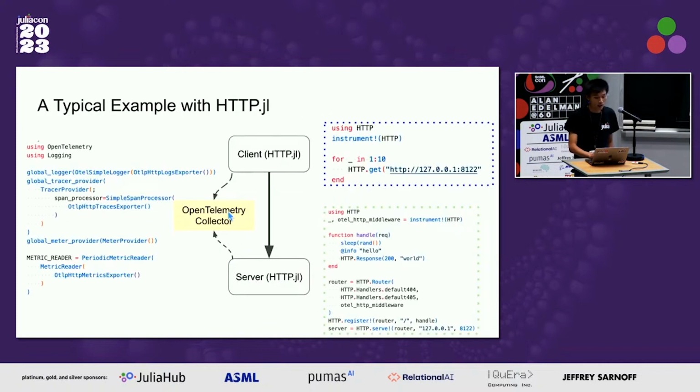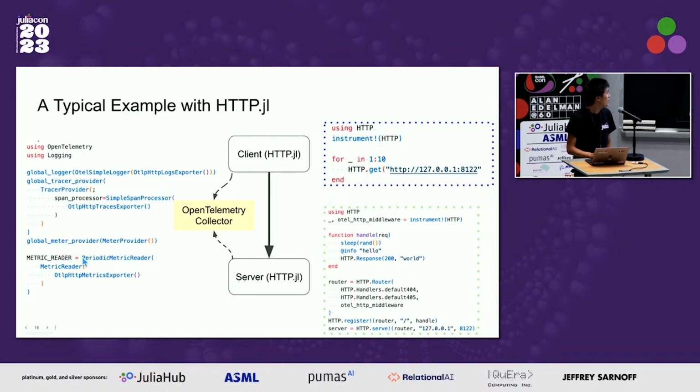Now we can go through a typical example with HTTP.jl. The left part is the common code in both the client side and the server side. It first sets up the global logger, a global trace provider, and also a global meter provider explicitly here.